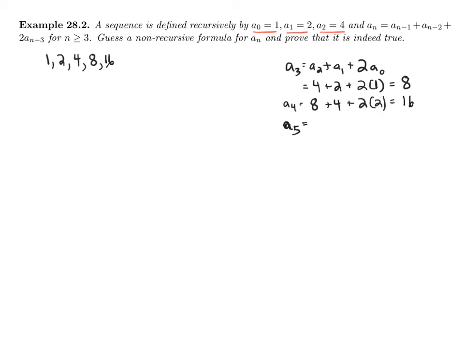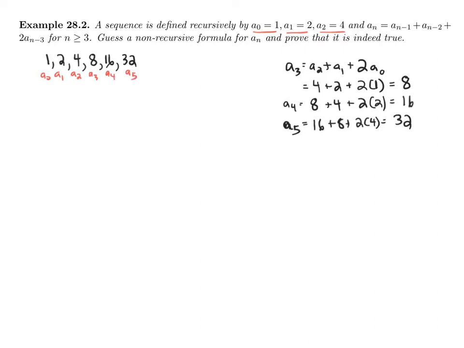A5 is going to be 16 plus 8 plus 2 times 4. So that's 16 plus 8 is 24, plus 8 is 32. So this is A0, this is A1, A2, A3, A4, A5.